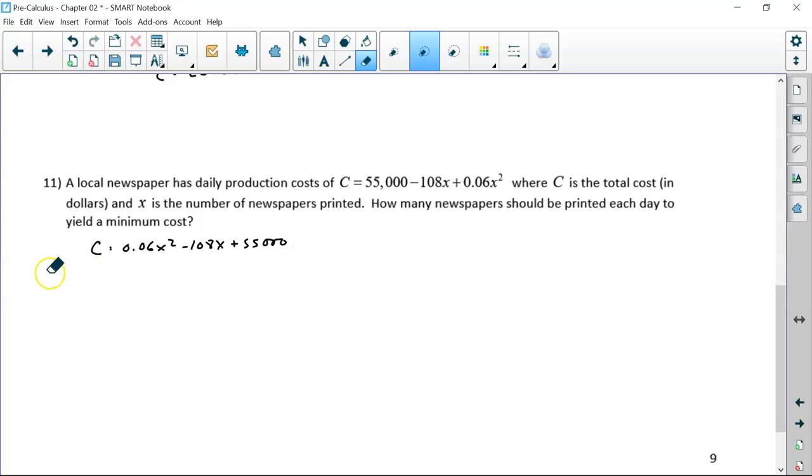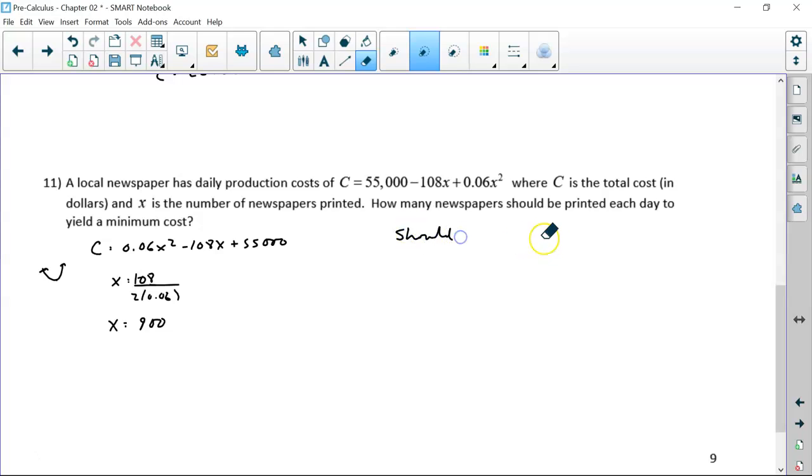It's going to open up, so the minimum is at the vertex. So x equals the opposite of negative 108, so it's 108 divided by 2 times 0.06. Make sure you're putting parentheses around your entire denominator. When you do that and divide, you get 900. So 900 units.